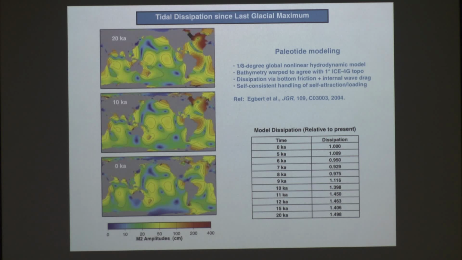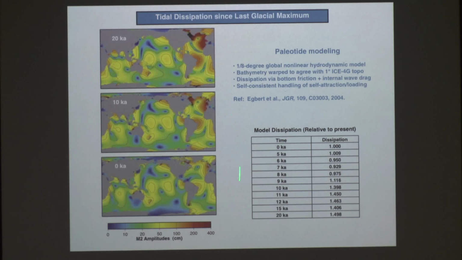If you run a tidal model for the present day, and then run that same model for 10,000 years ago and 20,000 years ago, with the seas different because it's the middle of the last ice age, so the Bering Strait is closed off, and some of the European shelves have gone, you can see that the amplitude of the M2 tide is a lot larger 20,000 years ago than it is now.